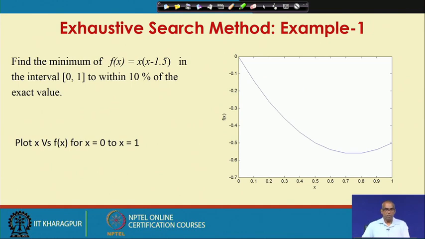Let us now take an example for the exhaustive search method. We want to find the minimum of the function f of x equal to x into x minus 1.5 in the interval 0 to 1 to within 10% of the exact value.